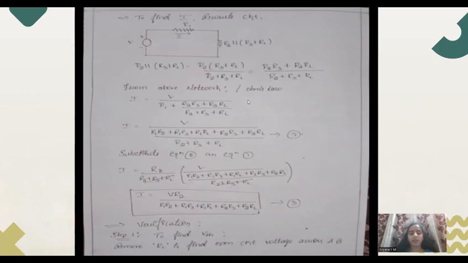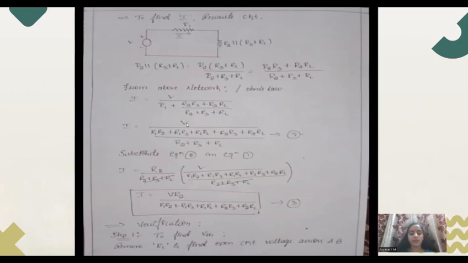From the above network I will apply Ohm's law. We already know that I is equal to V by R. Instead of R, I will take R1 plus R2 in parallel with R3 plus RL. The simplified equation we got is R2 R3 plus R2 RL divided by R2 plus R3 plus RL.